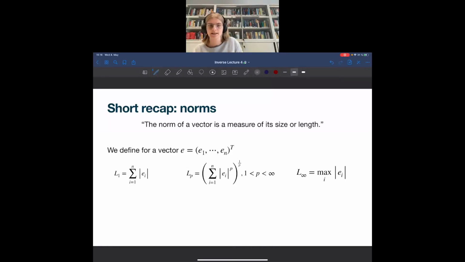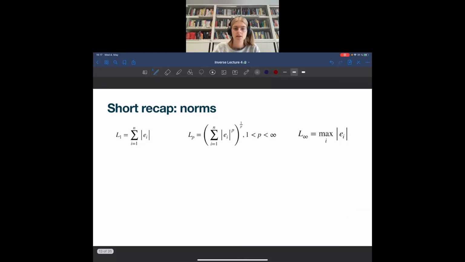So you build the absolute value of all the entries and then the maximum. Correspondingly, we call the first L1 norm, the second LP norm, and the last L infinity norm. Here written down once again: L1, LP, and infinity.